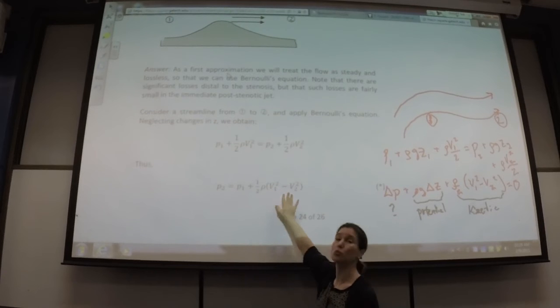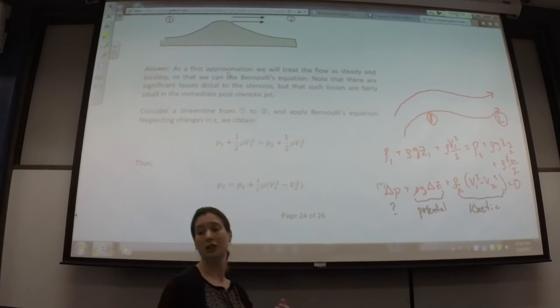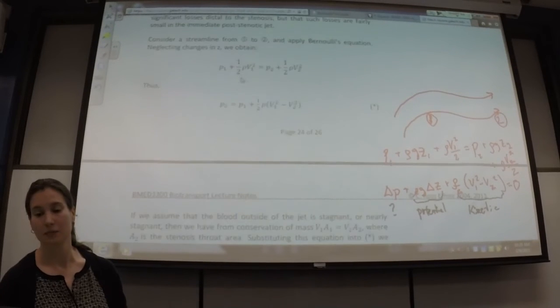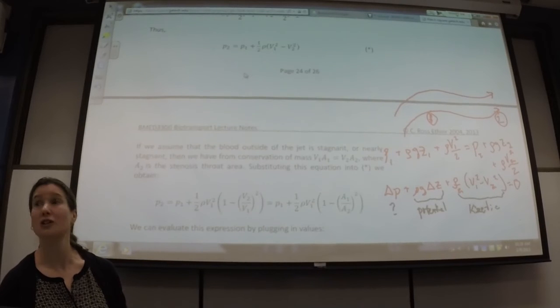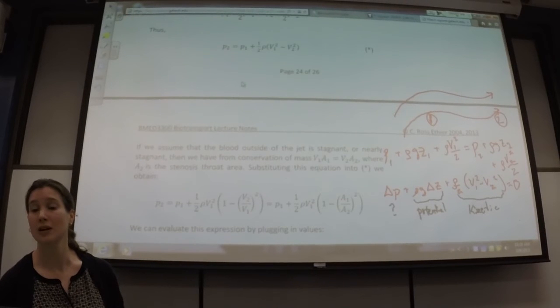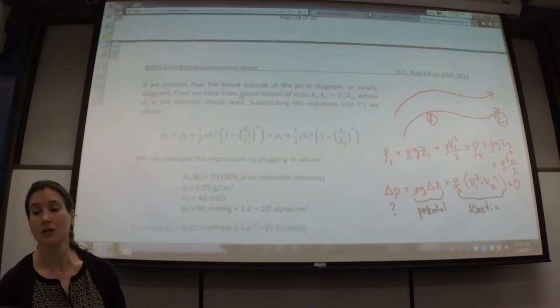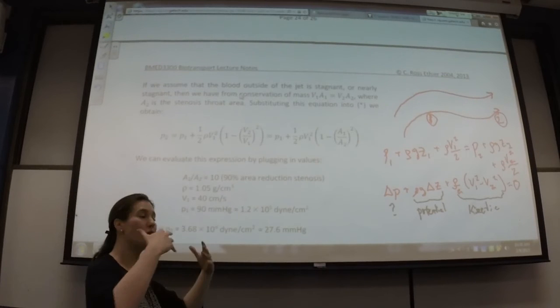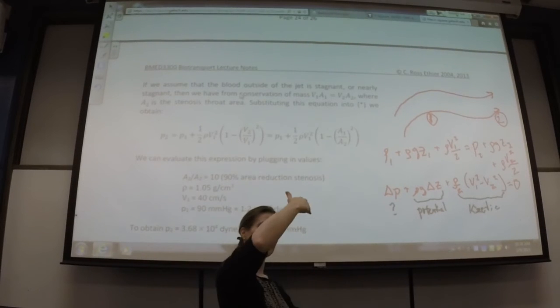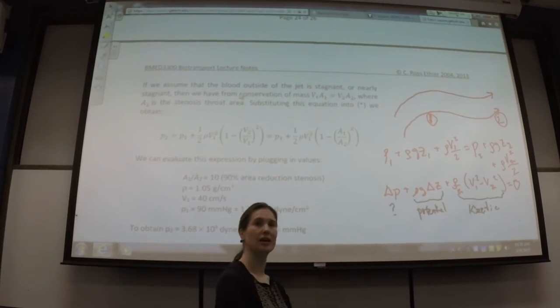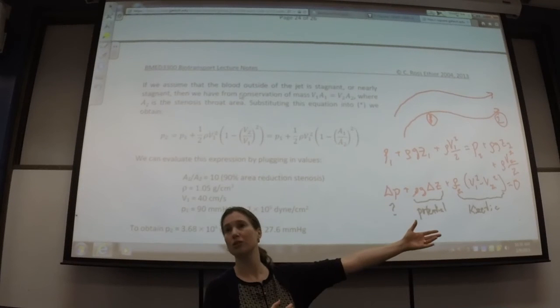And that becomes really handy because then you're essentially applying a conservation of mass to this problem. Okay? So you're saying essentially all the fluid that's passing at point 1 across that area there, that mass has to be accounted for at point 2.